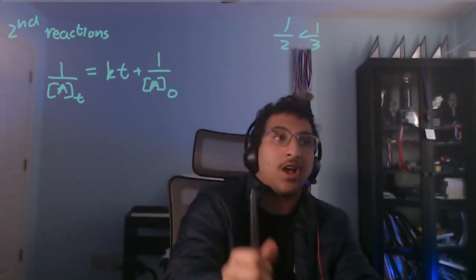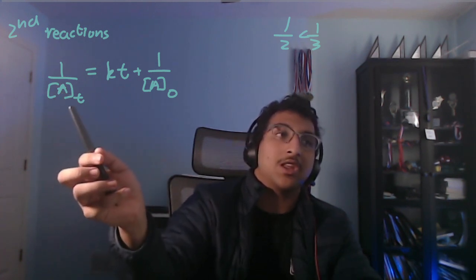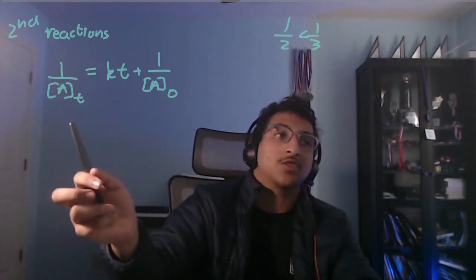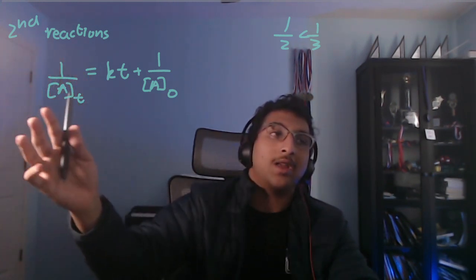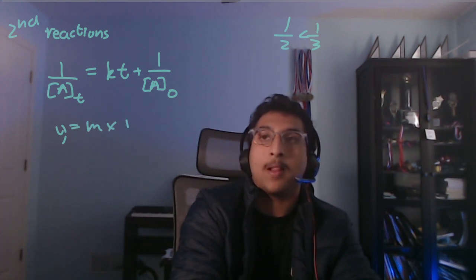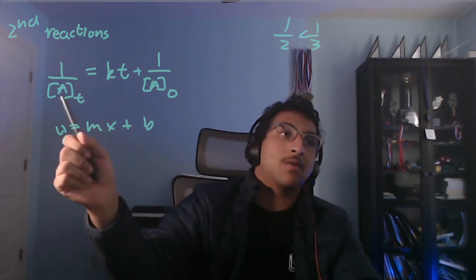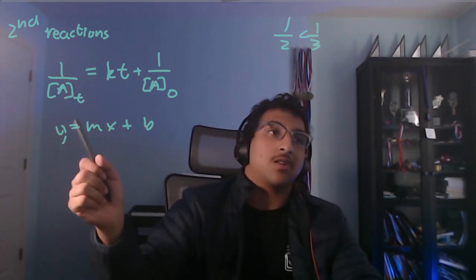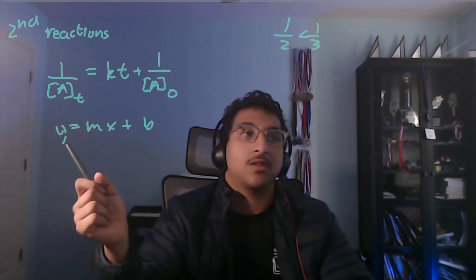So as time increases, [A] at time t decreases, meaning that this whole expression, 1 over [A] at time t, increases. So the y, if we linearize this, y equals mx plus b, as x, as time, increases, y actually increases as well, because [A] at time t decreases.